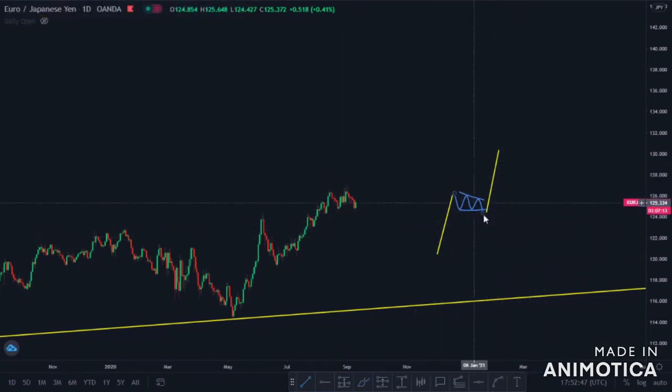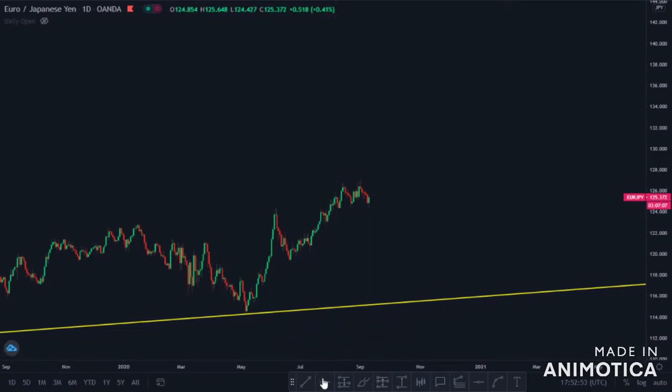Okay, keep that in mind. Right, so as you can see over here, we had an impulse, a correction, and now this is one large impulse. So now we're sitting right here. Okay, so with this move right here, this is just one large correction. Okay, because price is not going anywhere.